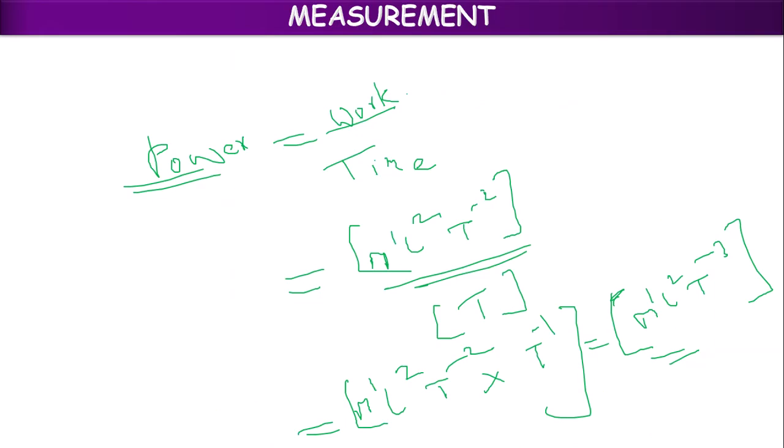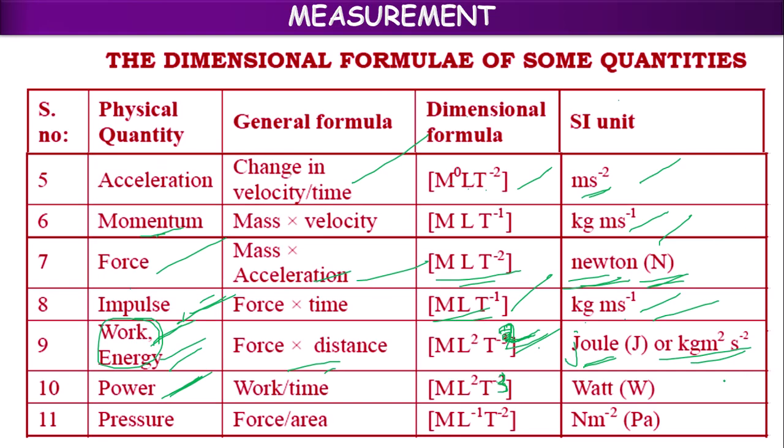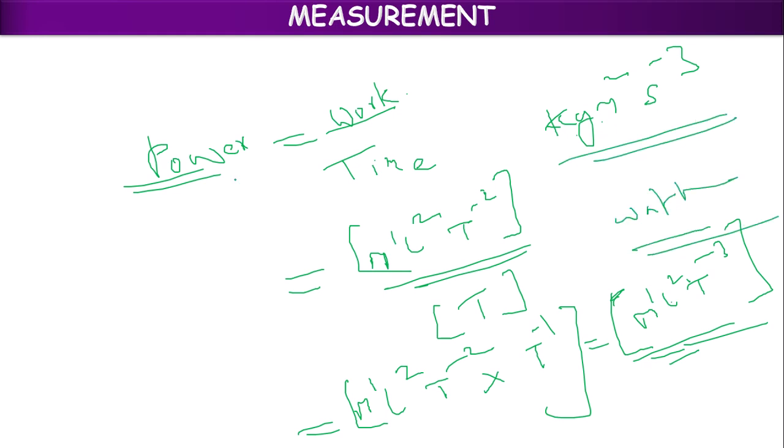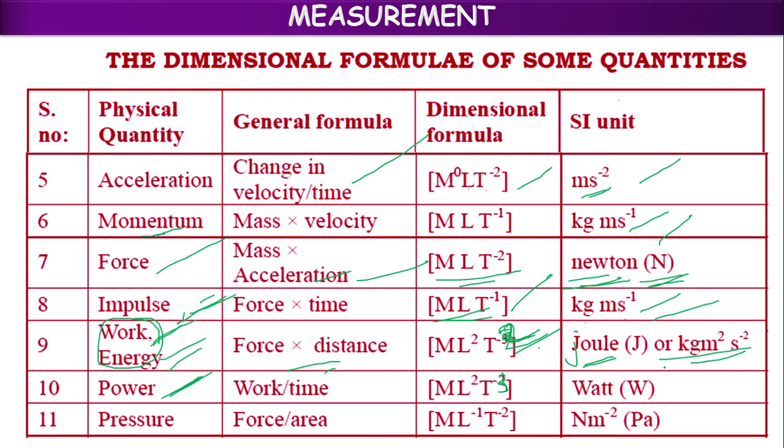Its unit: mass is measured in kg, length in meters, time in seconds. Kg meter square s to the power of minus 3, or it has a special name called watt. Power is measured in watts, small w or single capital letter W.